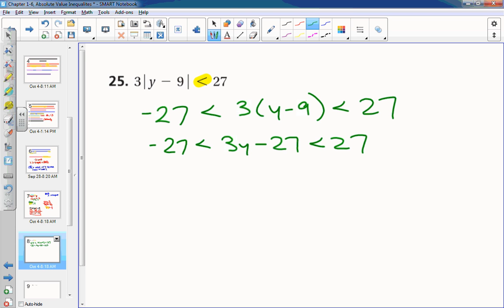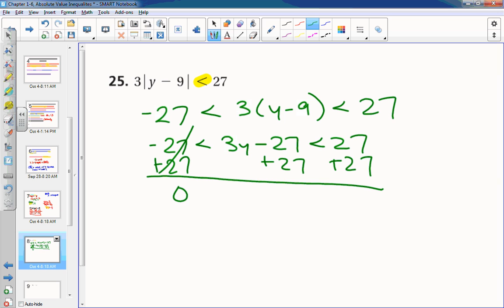Then what would you do? You would add 27 to both sides. This goes away. I'm left with 0 is less than 3y. That goes away is less than a 54.